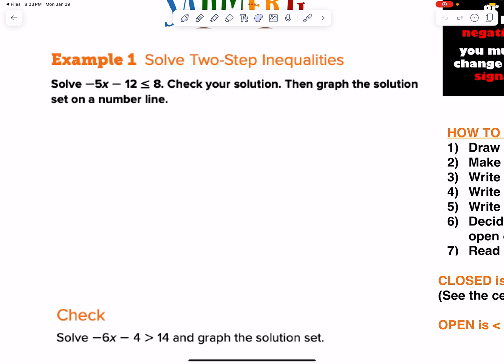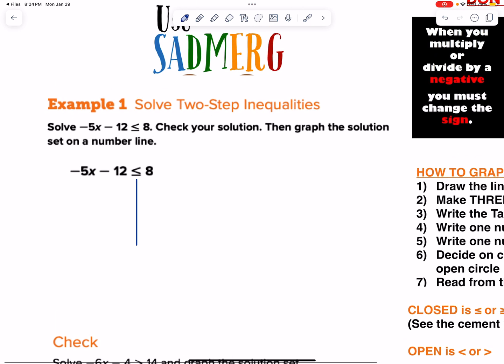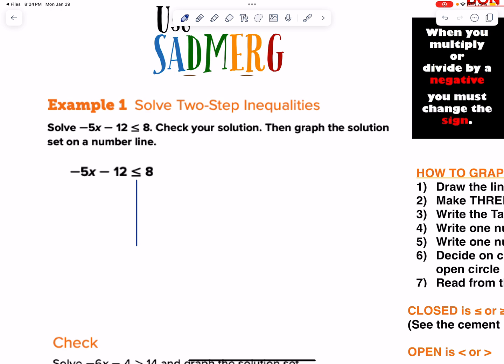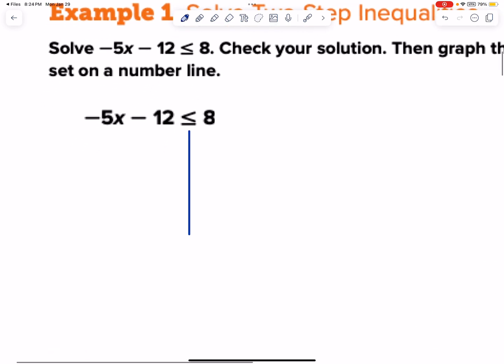We need to do a rewrite, or you can just lasso paste this down here, and let's go ahead and solve this one together. Always separate your workspace. This is an organizational thing. Remember, SADMERG says take care of any addition subtraction first. So in that case, we're going to add 12 to both sides.